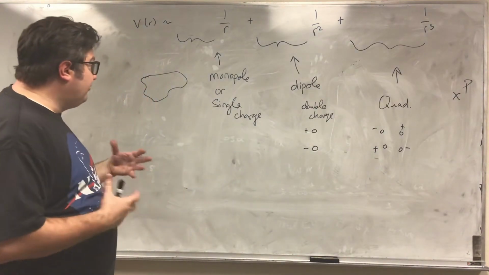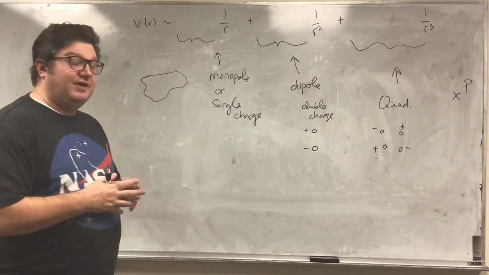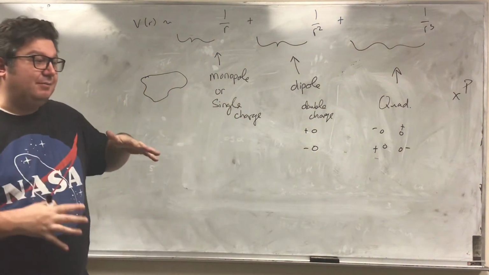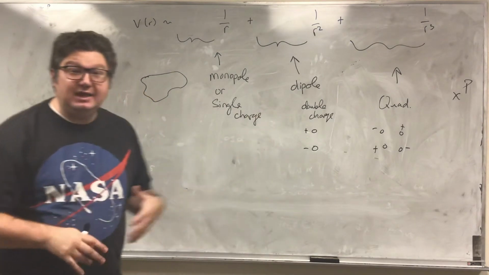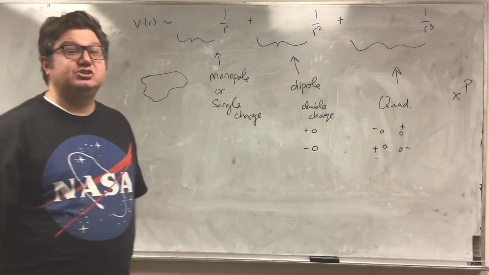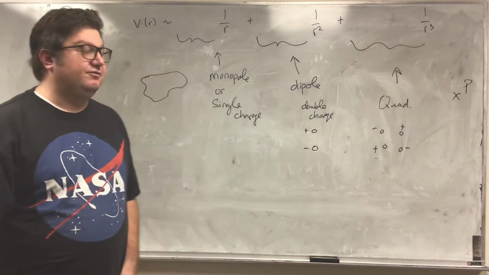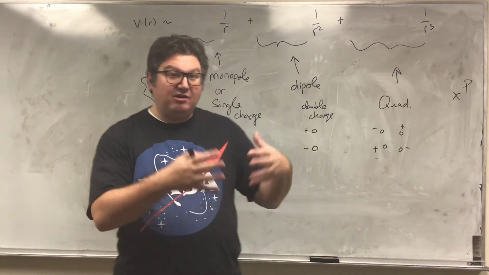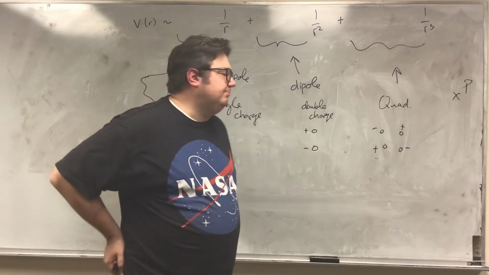So remember what I was talking about before. If I have a monopole, it's like looking at the train coming at me, even though there's a whole bunch of lights. I only see one light when it's very far away because all those lights merge into one from my perspective. Of course, as it gets closer, we can start to see that there are, in fact, more lights on that train.